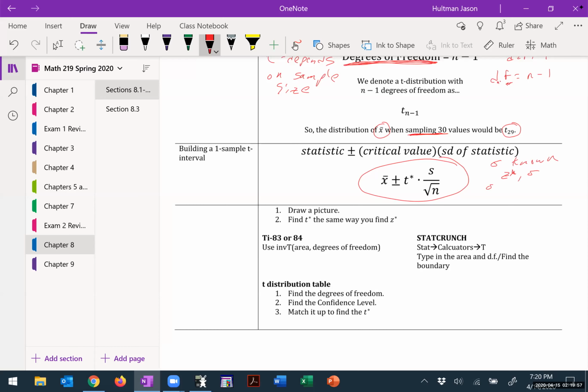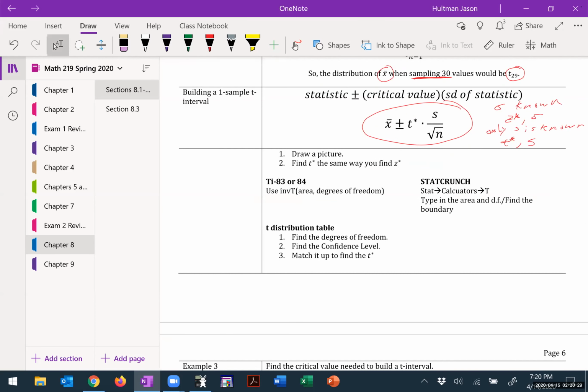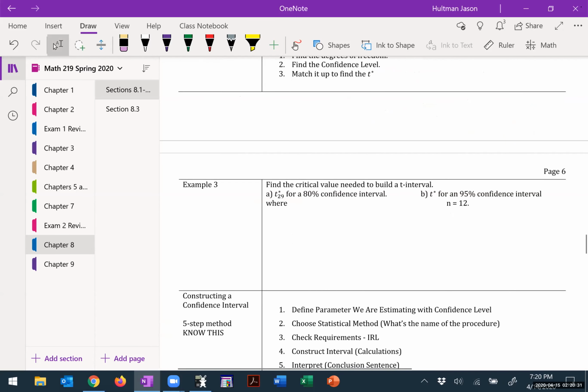If only s is known, then we use t star and s. Okay, let me skip that for right now.